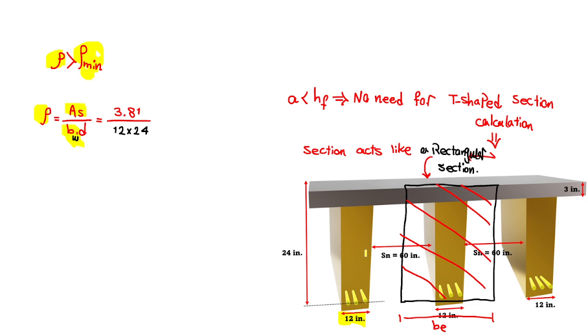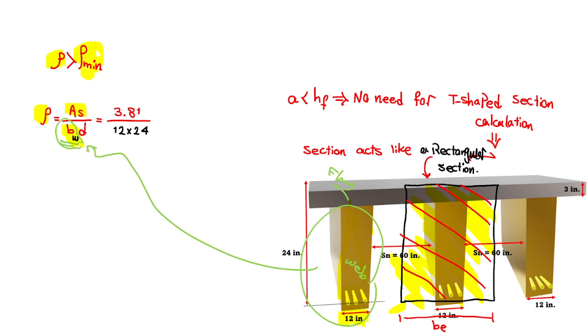Don't forget, we consider our section like a rectangular section, but in the real case we have a web and a flange. So this is our web and this is our flange. Don't forget to consider the effect of bw, the web width, times d.